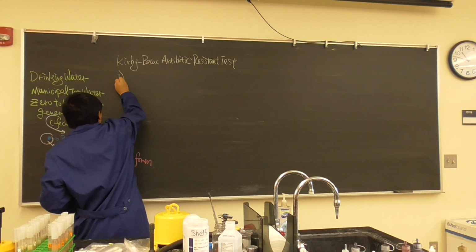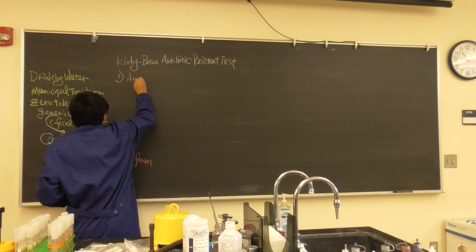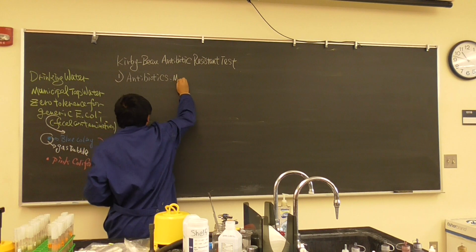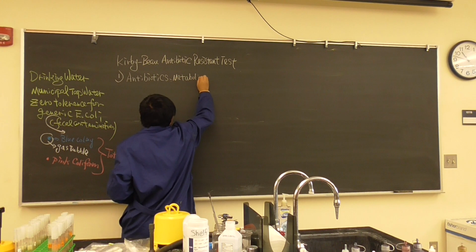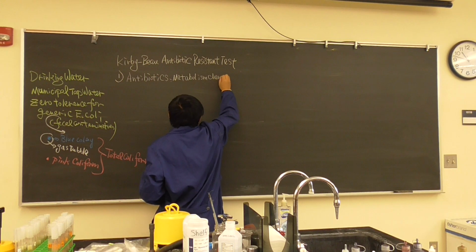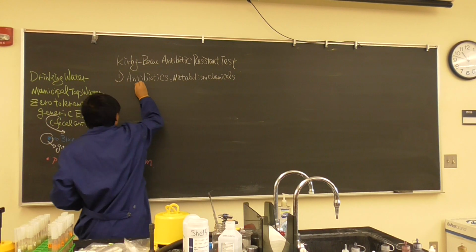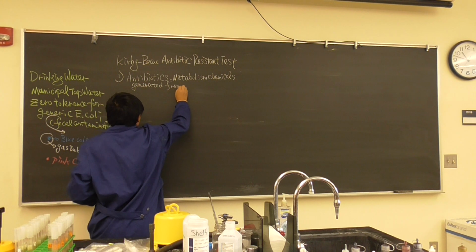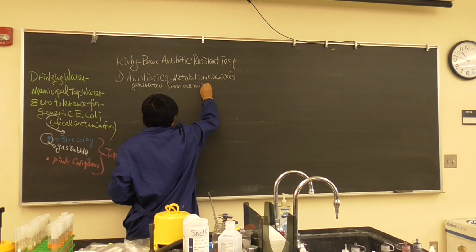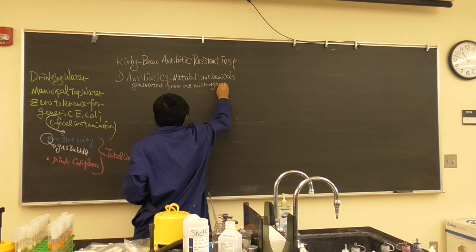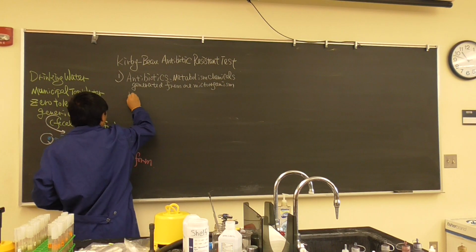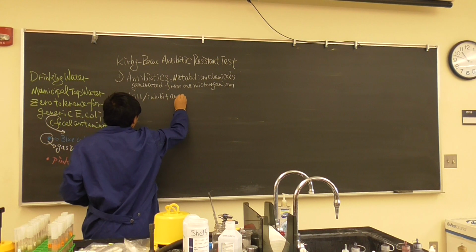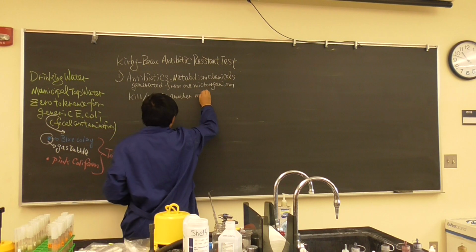Okay, first of all, we will very briefly review what antibiotics are. What is an antibiotic? This is a metabolic chemical generated from one microorganism, used to kill or inhibit another microorganism.